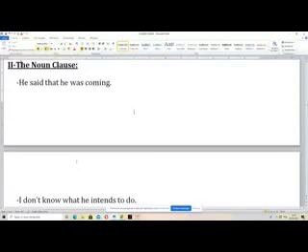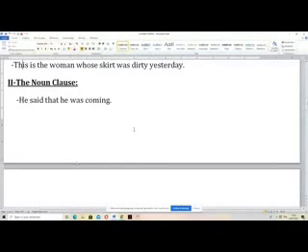Here, for example, the noun clause: "He said that he was coming." So you see, we have here a clause, and it consists of a subject and a predicate, or a verb. Whenever you have a subject and a predicate, it is a clause. If it doesn't contain that, it's a phrase.